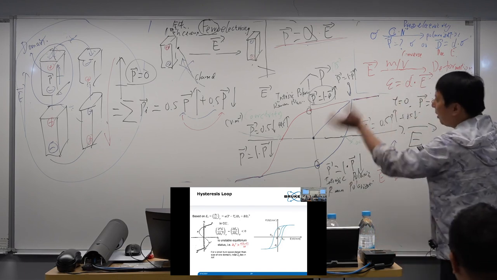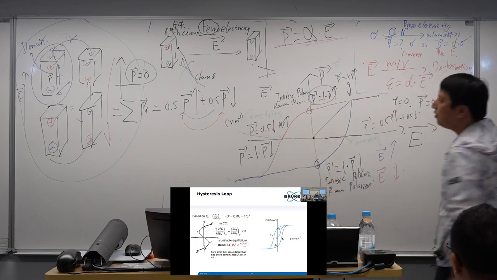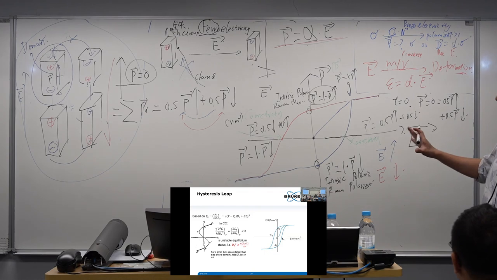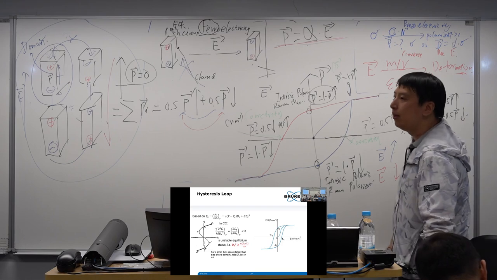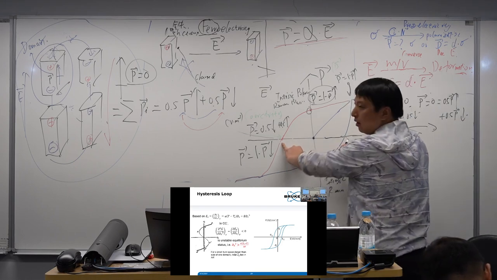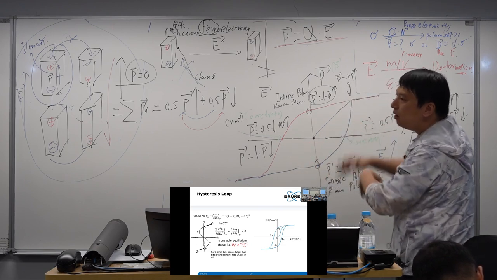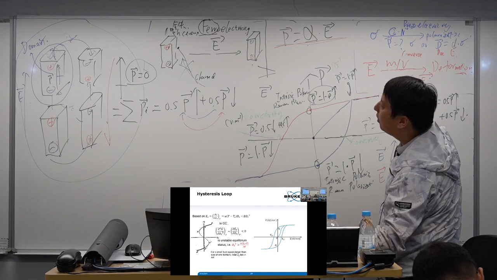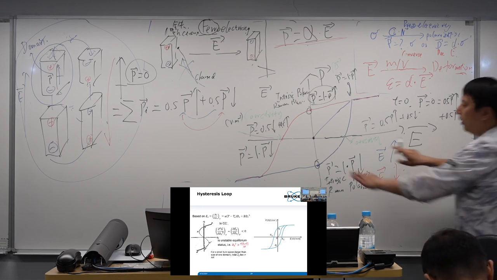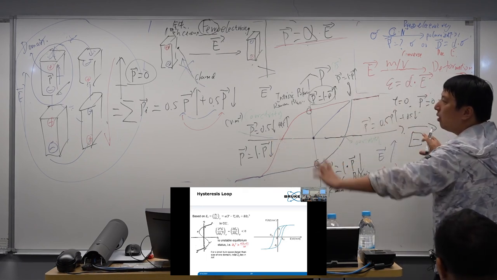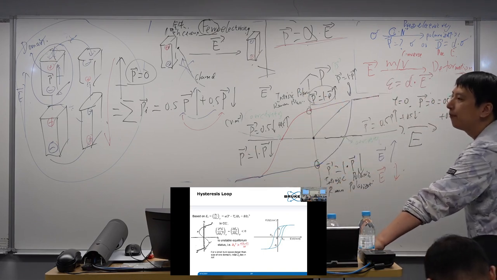Okay, so no matter what, these 2 points, coercivity, and these 2 points, intrinsic polarization, define this final hysteresis structure. If the coercivity is small, it means this structure is easy to switch by the external field. If this coercivity is large, it means this crystal structure is very hard to change its direction.